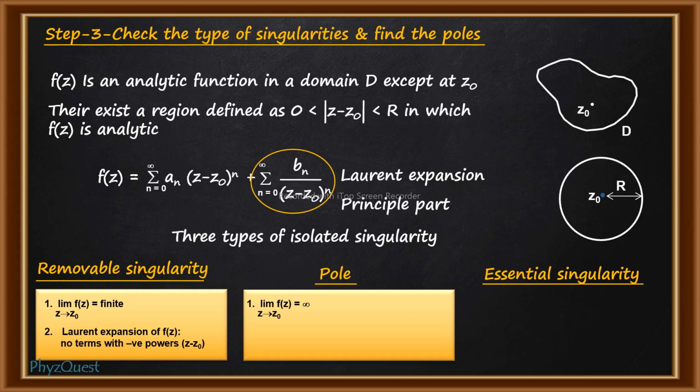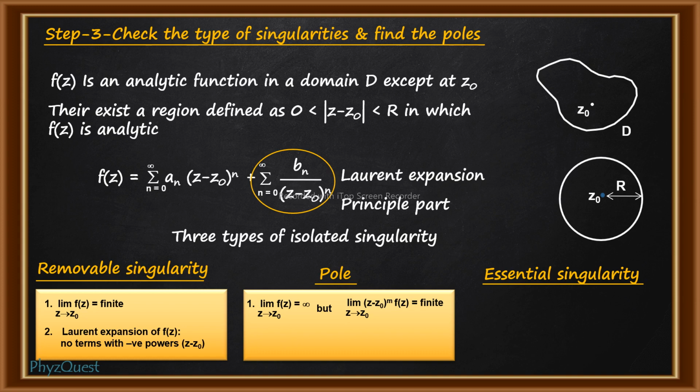It can also be defined as: if the limit as z tends to z0 of (z minus z0) to the power m times f(z) is a finite value, then z0 is considered a pole of order m. And if m is equal to 1, then it is considered a simple pole.